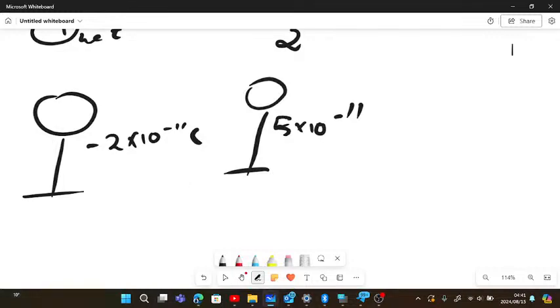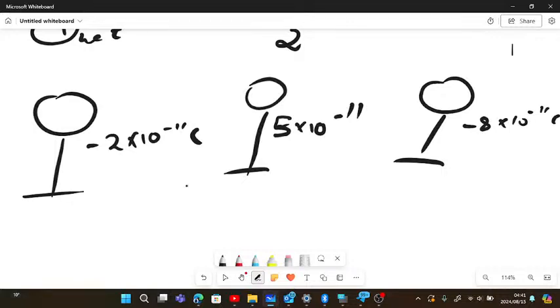This is supposed to be a 5. Then the third sphere carries approximately -8 times 10 to the -11 coulomb.